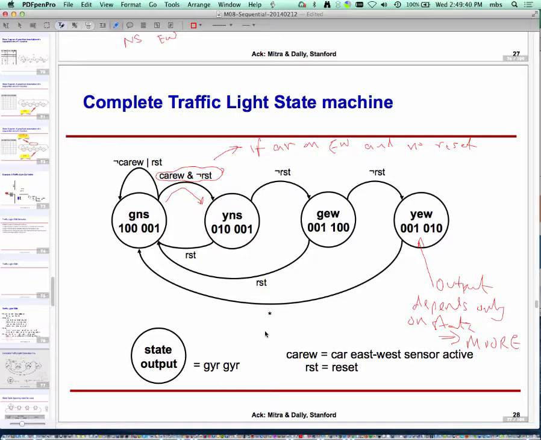Is it better if we put the edge from YNS to YEW without going through green? Because in the east-west direction, we should also get a yellow light. Okay, in this case, after YNS, north-south will turn red, and we are giving green immediately to the other direction, right?